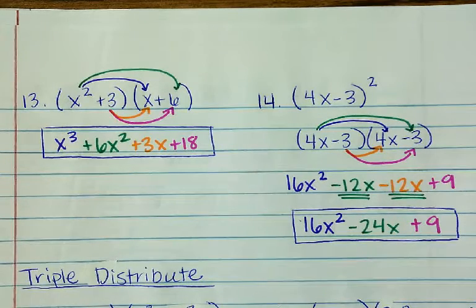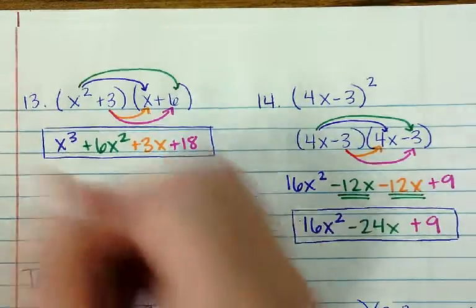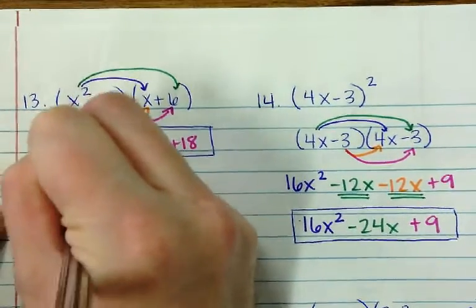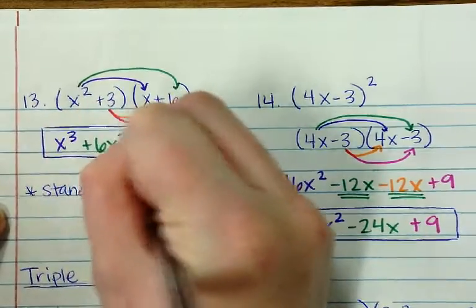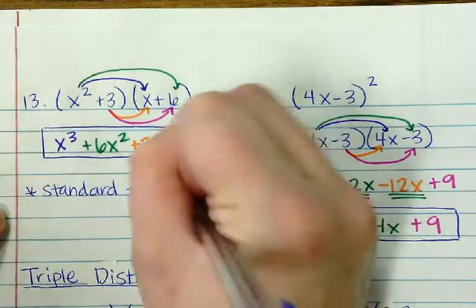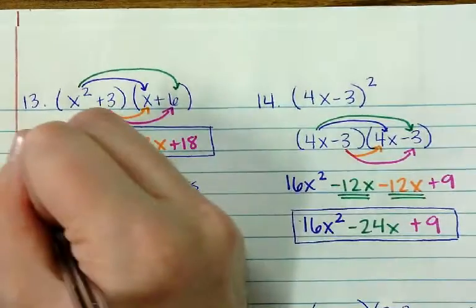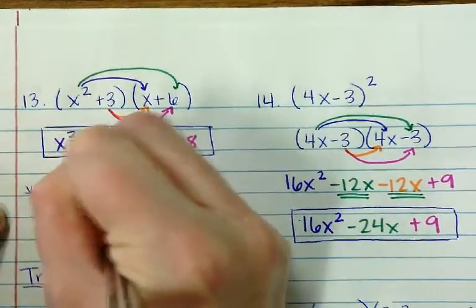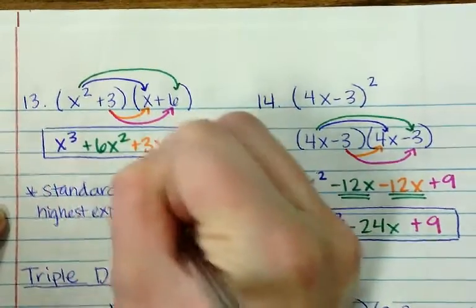And so, guys, remember, standard form, if it asks for standard form, is from the highest exponent to the lowest exponent. So on your homework, it's going to ask for you to put it in standard form.